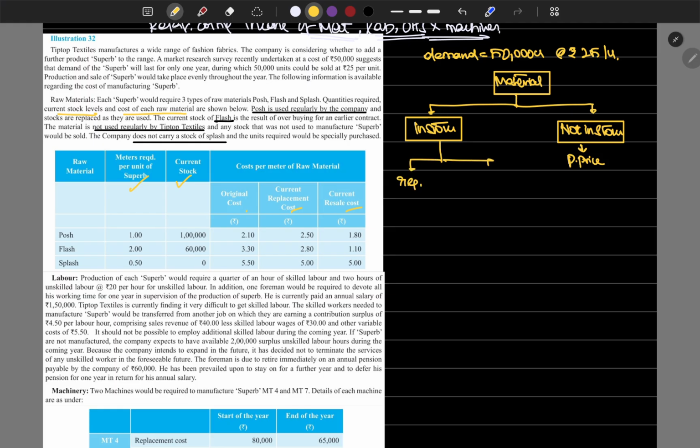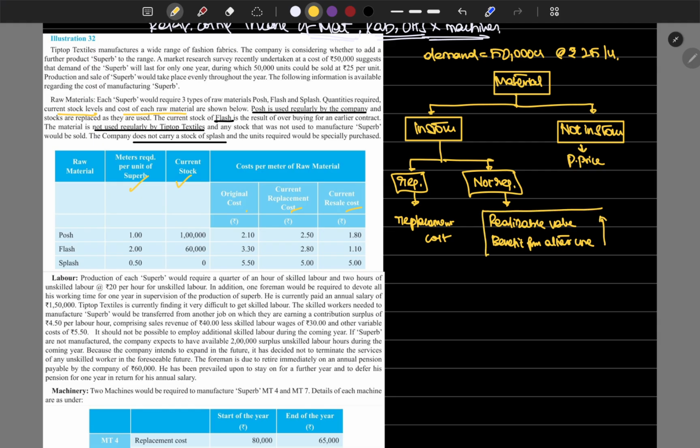If it is regularly used, replacement cost is our relevant cost. If not regularly used, realizable value or benefit from alternate use, whichever is higher, because this is our gain, we are going to get a saving out of it.